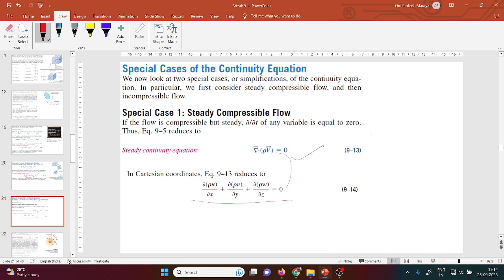If the flow is incompressible, then rho is also outside, so what remains is only du by dx plus dv by dy plus dw by dz. You are very familiar with this equation, I think. So the assumptions behind this form are steady as well as incompressible flow. Okay.